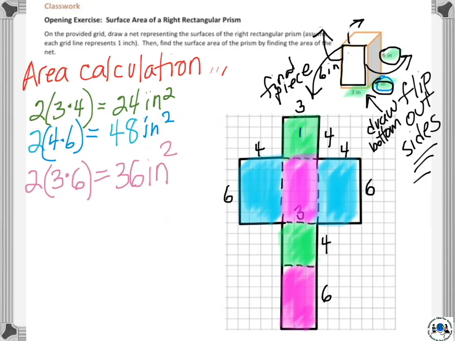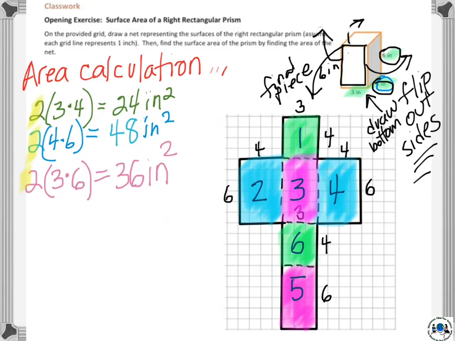Okay, so you can see I have 1, 2, 3, 4, 5, 6 different faces and bases. And again, as this is a rectangular prism, it's made up of all rectangles, so it truly doesn't matter which is your base. But in this situation, we look at our base being number 6.